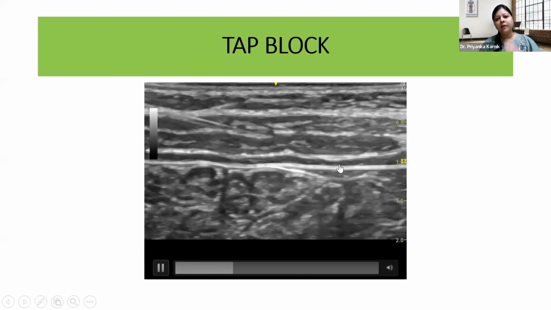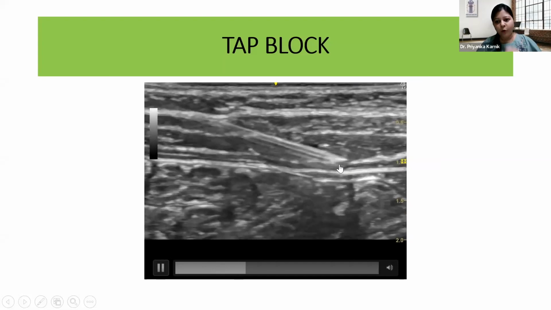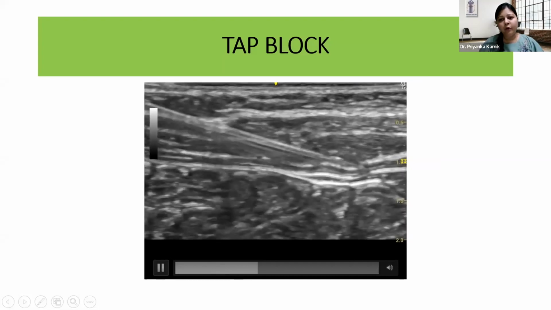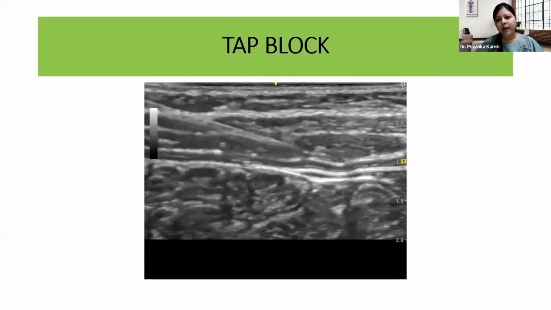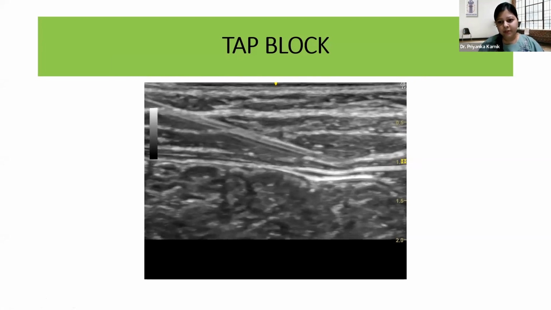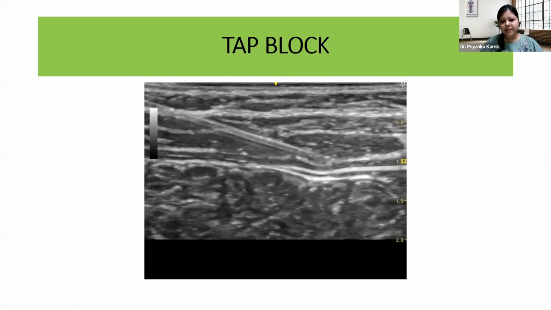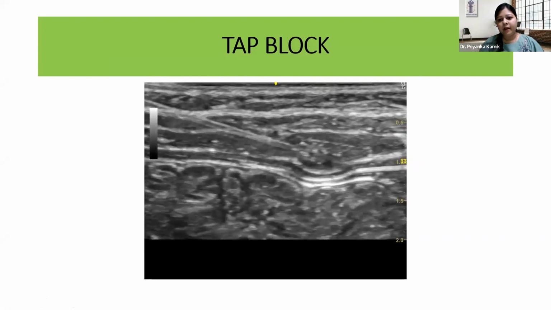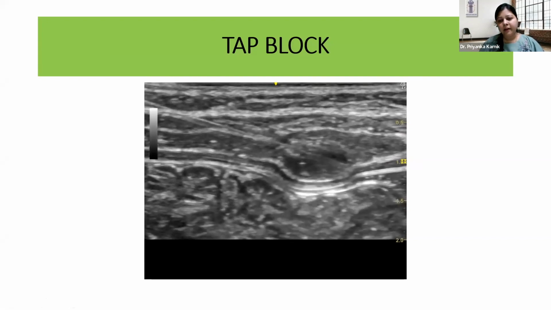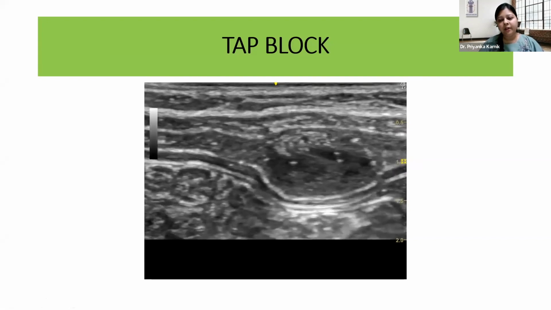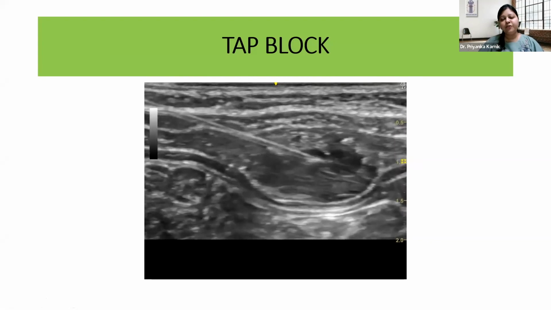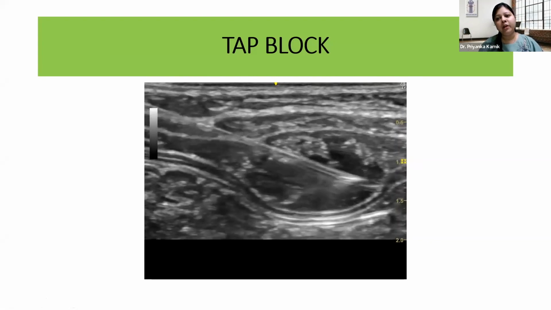Here again, the needle tip has to be visualized at all times. What we want to do is unzip the internal oblique and the transversus abdominis. So here we'll be creating a space. And as the space is created, we can advance the needle and further open up. So this will actually cover your entire abdominal wall if given correctly.